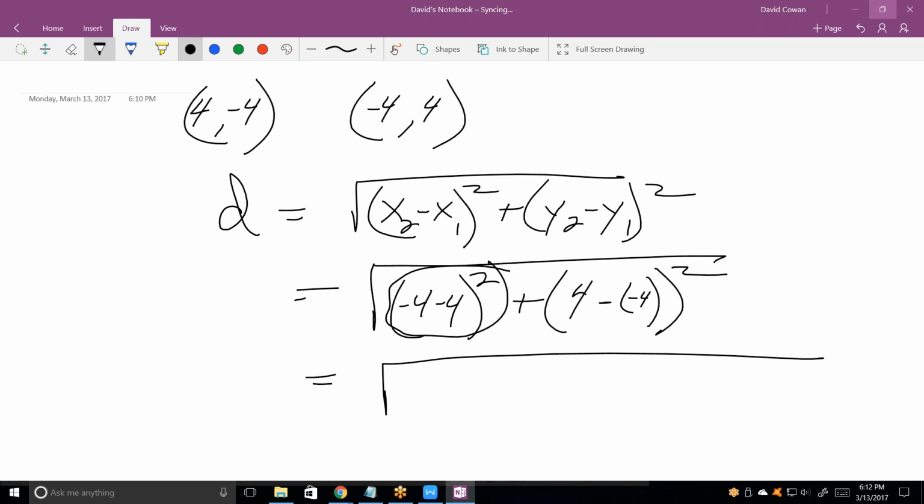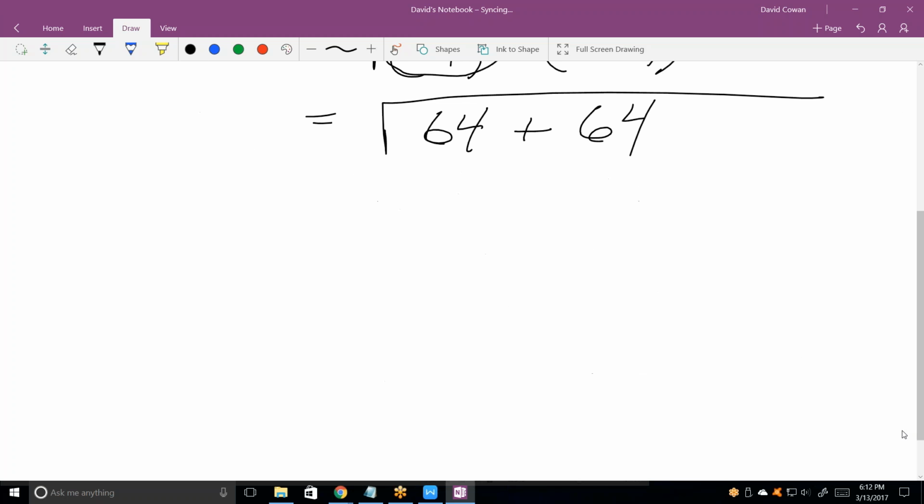And what's negative 8 squared? 64. What's 4 minus a minus 4? 8. And it'd be 64 again. So we end up with the square root of 128.